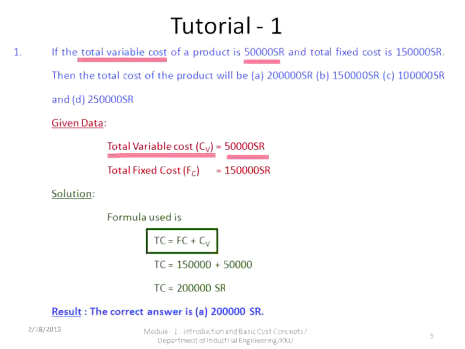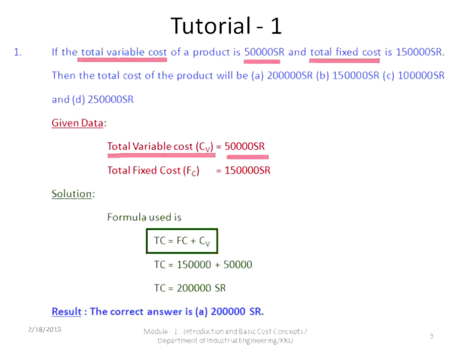Total cost is nothing but TC. It can also be written as CT. So the formula used in the solution is TC equal to FC plus CV. That is, total cost is equal to fixed cost plus total variable cost.